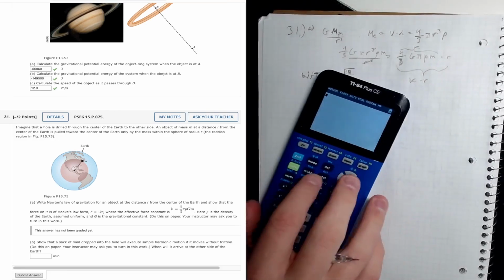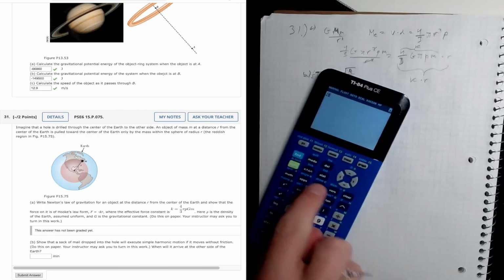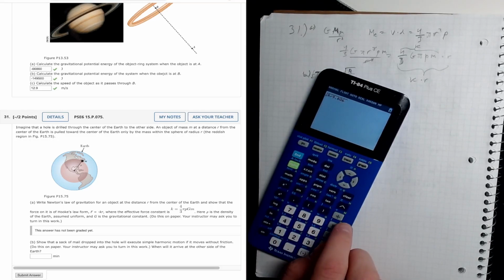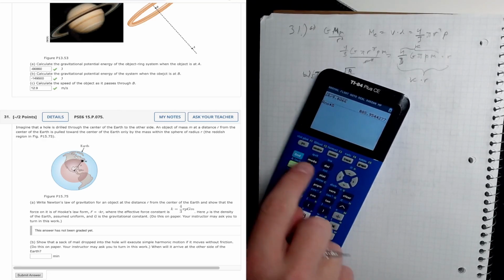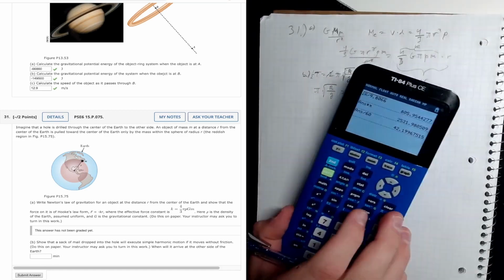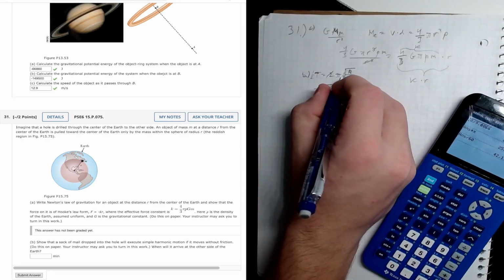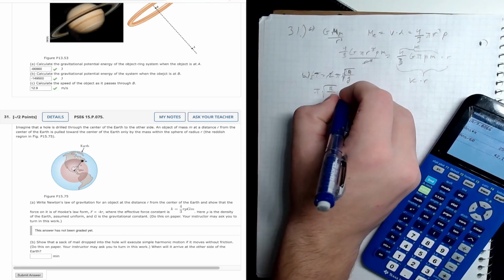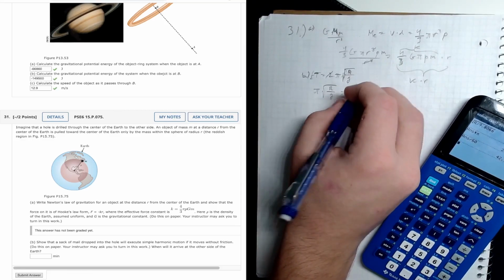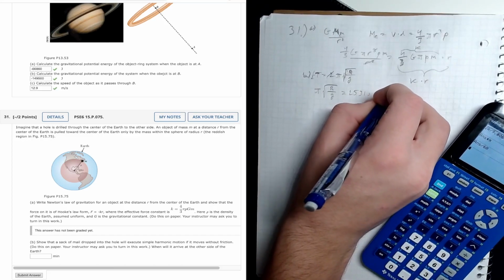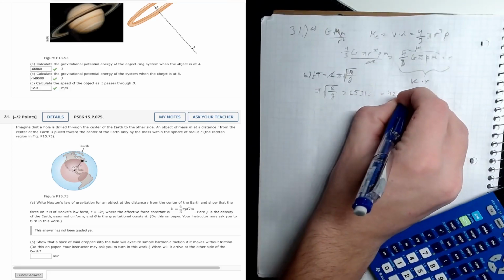So, the square root of the radius of the Earth divided by 9.806, times pi, gives 2.531 seconds, divided by 60, equals 42.2 minutes.